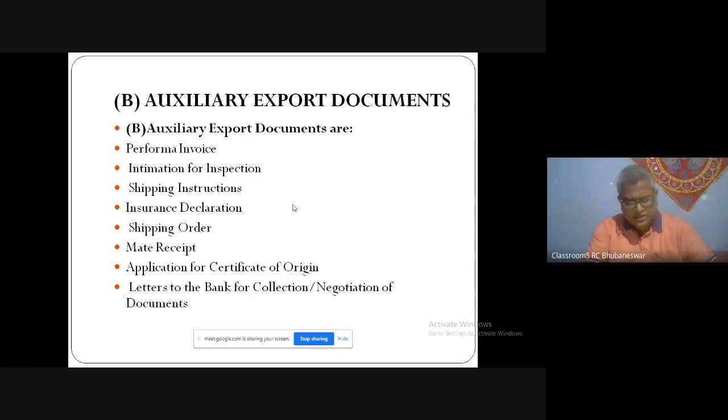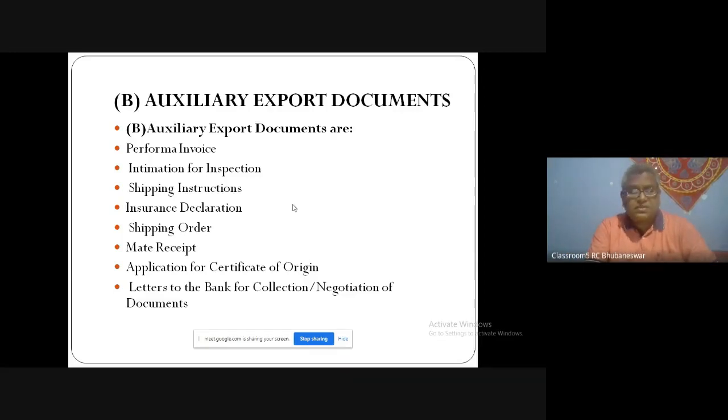That is called a bill of lading. The forwarding agent requires the mate receipt and sends it to the port authorities. But in the mate receipt, the captain says the goods are to be loaded and asks for clearance to start the journey. That is the basic difference between a mate receipt and a bill of lading.